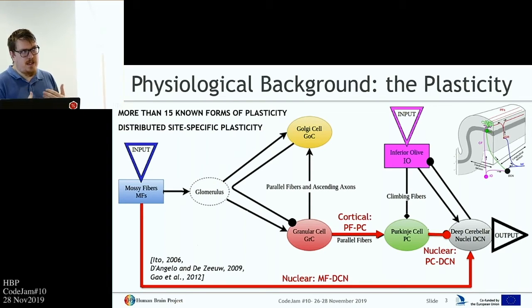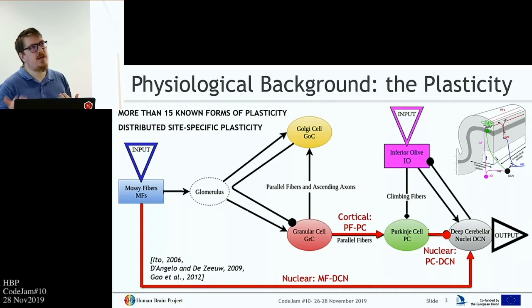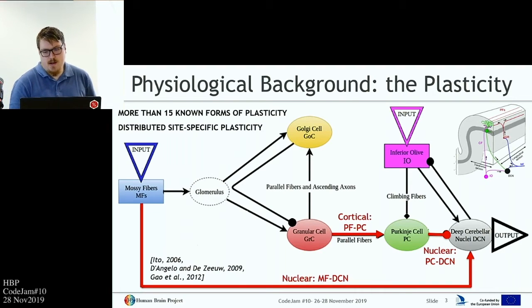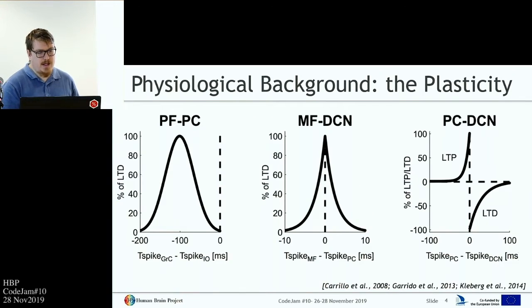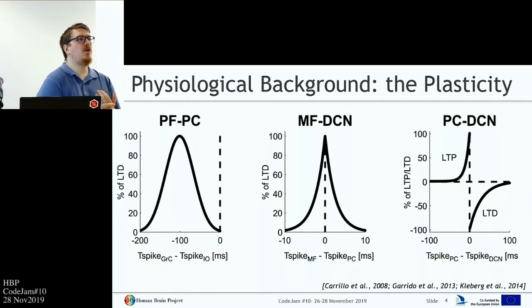and the change in the activity in the Purkinje cell shapes the activity of the deep cerebellar nuclei, which then go to motor neurons. So we have this distributed plasticity among the different populations of the cerebellar network, and each plasticity follows its own learning rules.